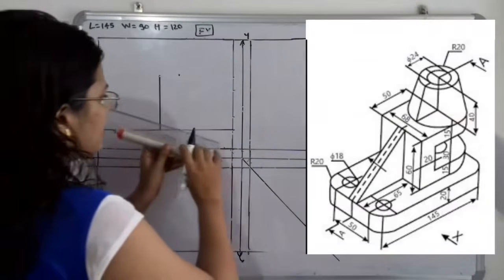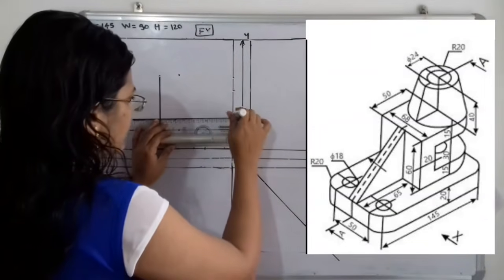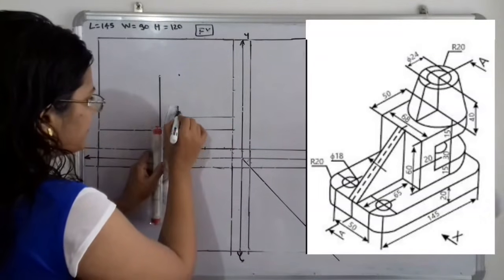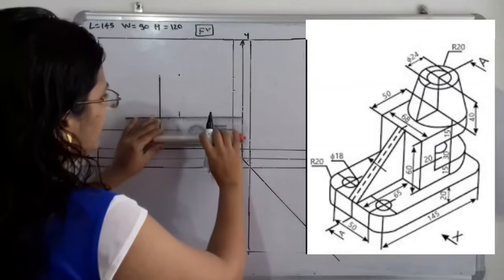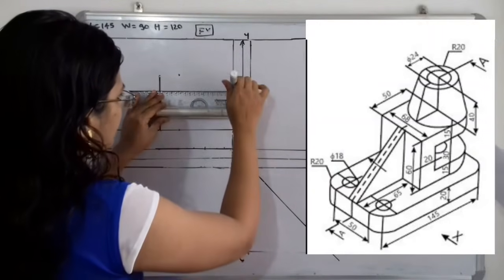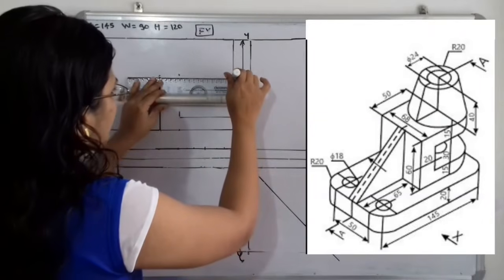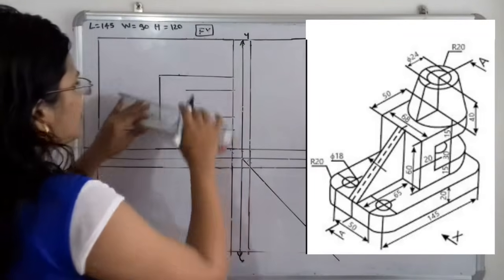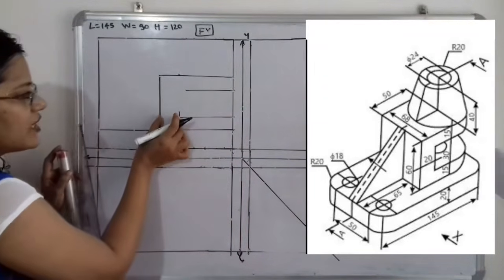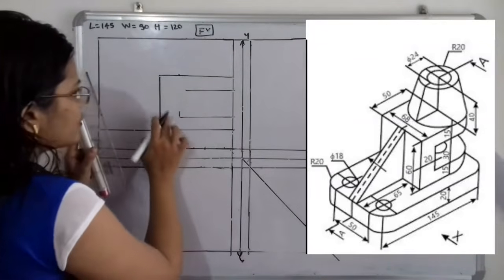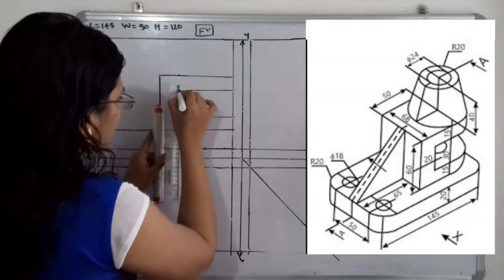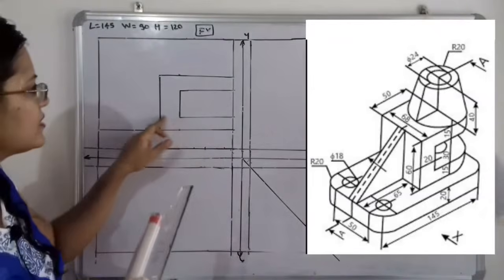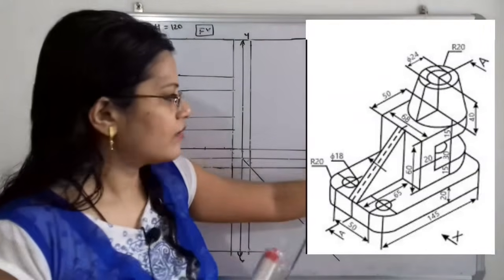Just draw the horizontal line, and this horizontal line will meet here at the construction. Then draw another horizontal line, and here also one horizontal line. So this is the outline. Here is the construction having 20 millimeter gap, so here we should not draw any intersection line. If we observe, this is our front view as we can see in the object.